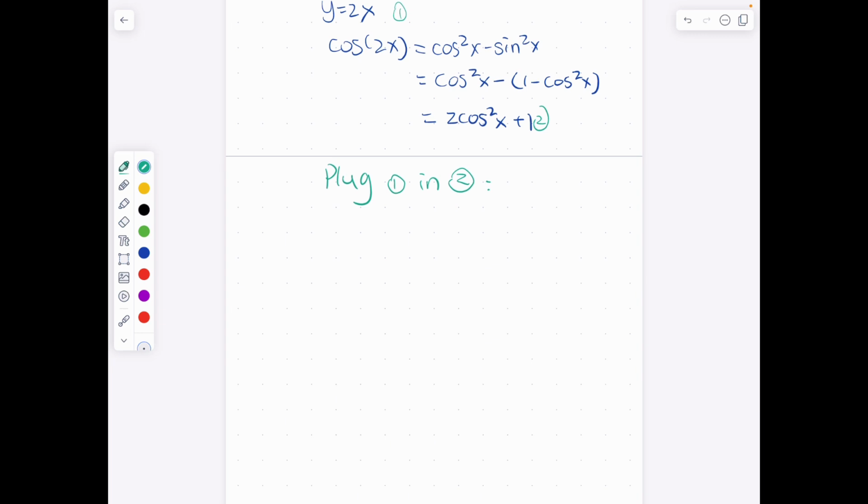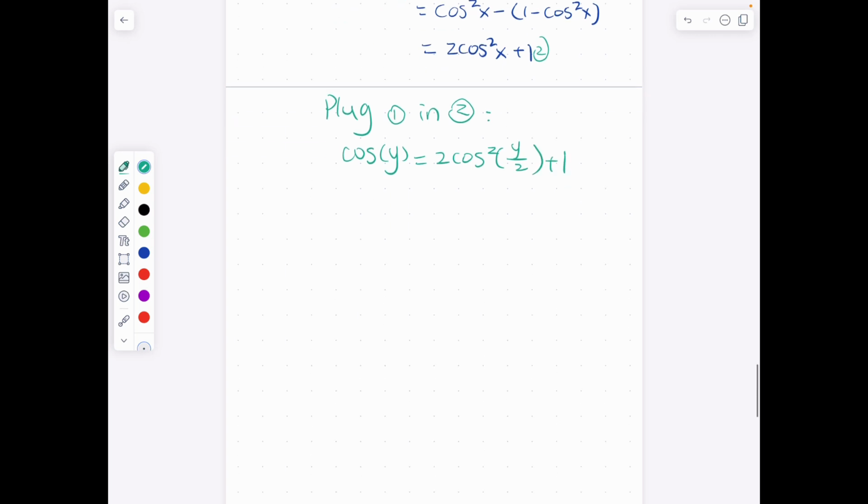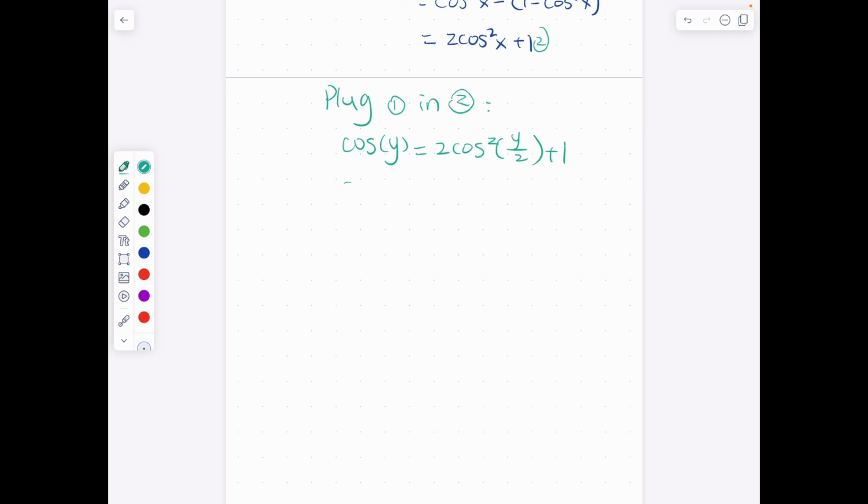So cosine of y is equal to 2 cosine squared of y divided by 2 minus 1. And so cosine squared of y divided by 2 is equal to cosine of y plus 1, divided by 2.